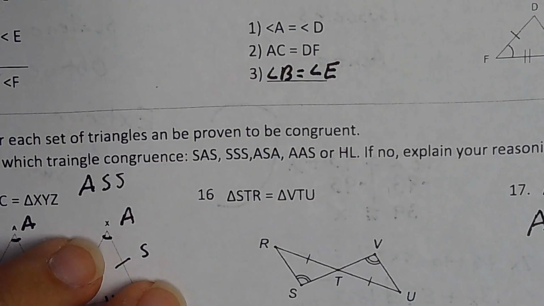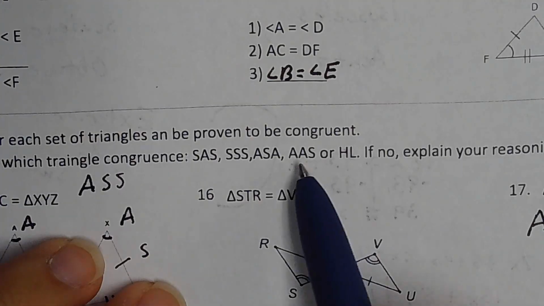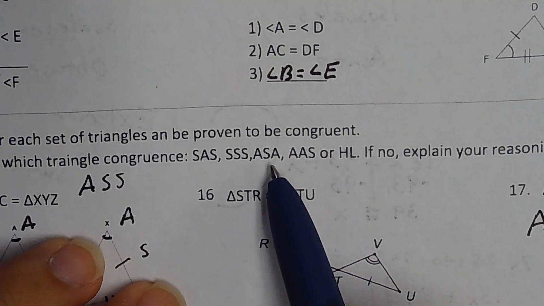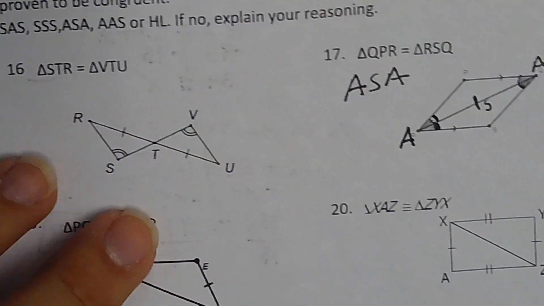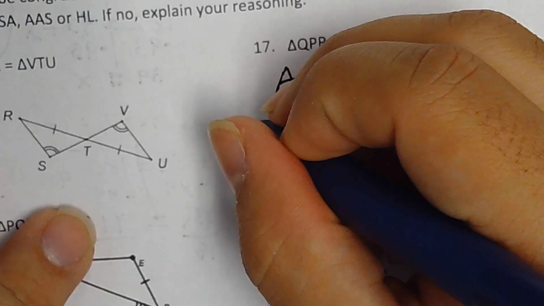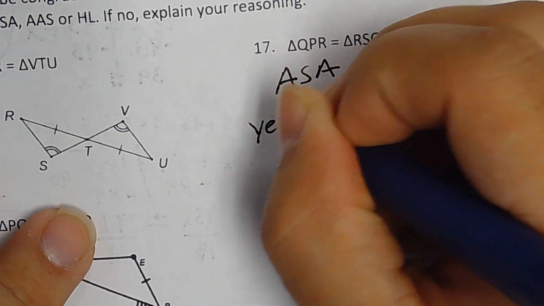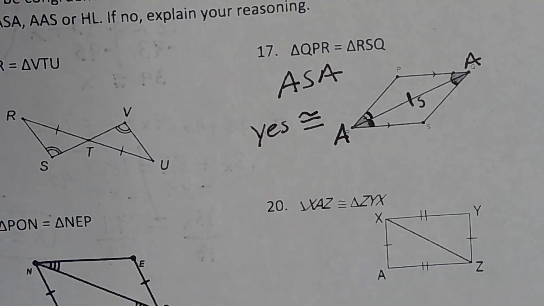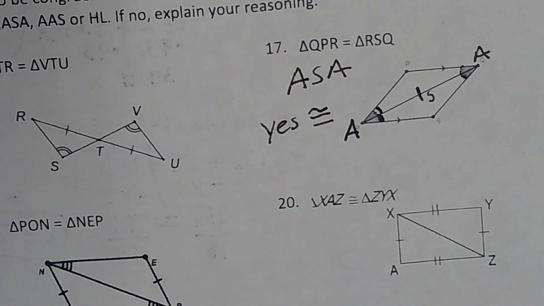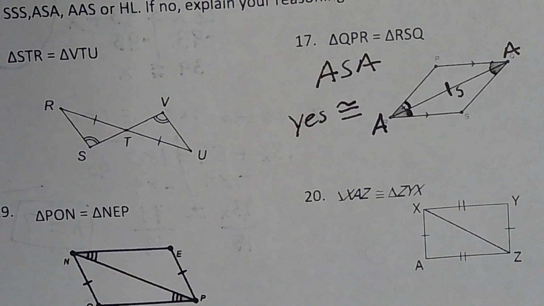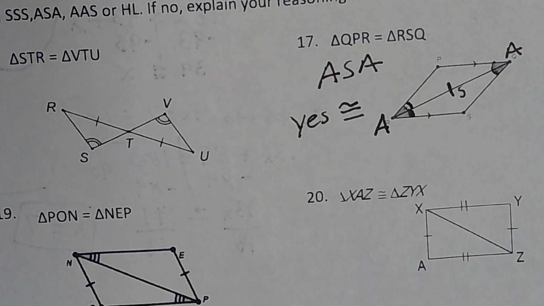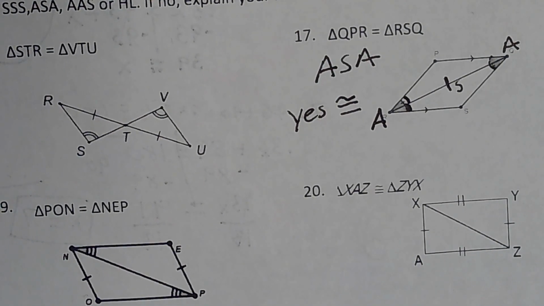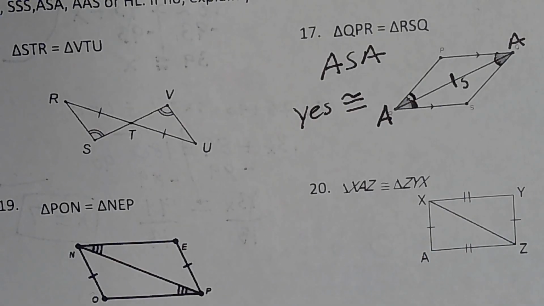Now is that one of your options up here? Yeah, it's this one right here. Angle, side, angle. So is this congruent? Yes. Any questions on 17? Okay. Let's keep going.